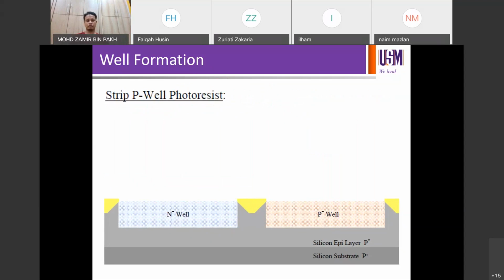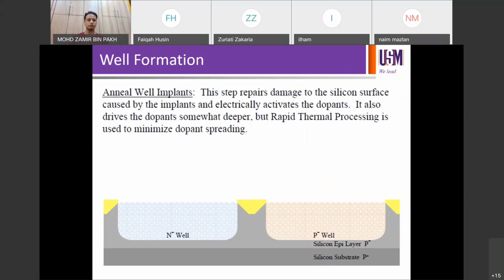Strip off resist. Now you have your N-well on the left, you have your P-well on the right. Done. Next, you anneal the well implant. This is to repair the damage. Remember last time we discussed that implantation is a process that involves damage. If you use high energy implant, then you create more damage in comparison to middle energy or low energy, right?